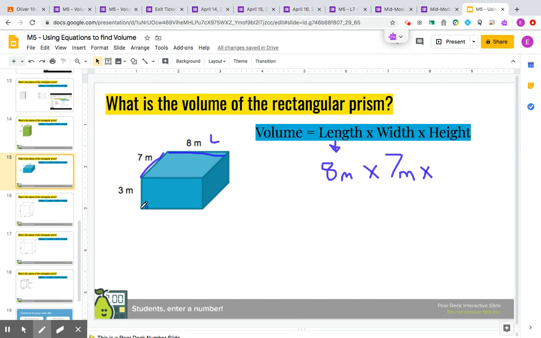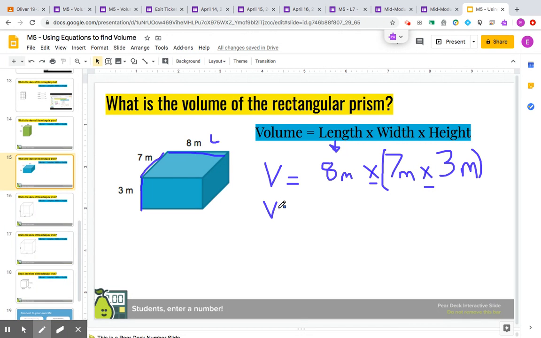And my height is 3 meters. Now I have to find that volume by multiplying all of my dimensions together. Ugh, this is not fun. Okay, I know 3 times 7. That's going to be 21.